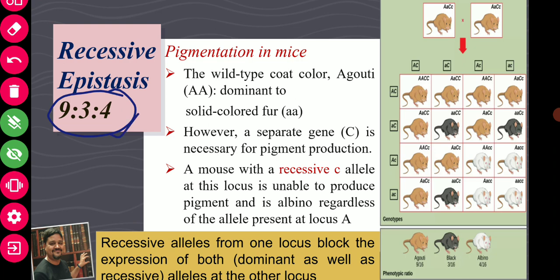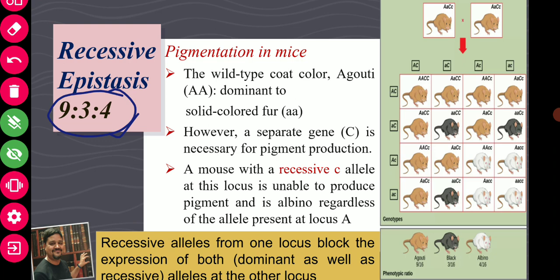You have to remember these ratios in terms of the normal Mendelian dihybrid F2 ratio. We know that the normal dihybrid Mendelian F2 ratio is 9:3:3:1, which is modified to 9:3:4 in case of recessive epistasis.